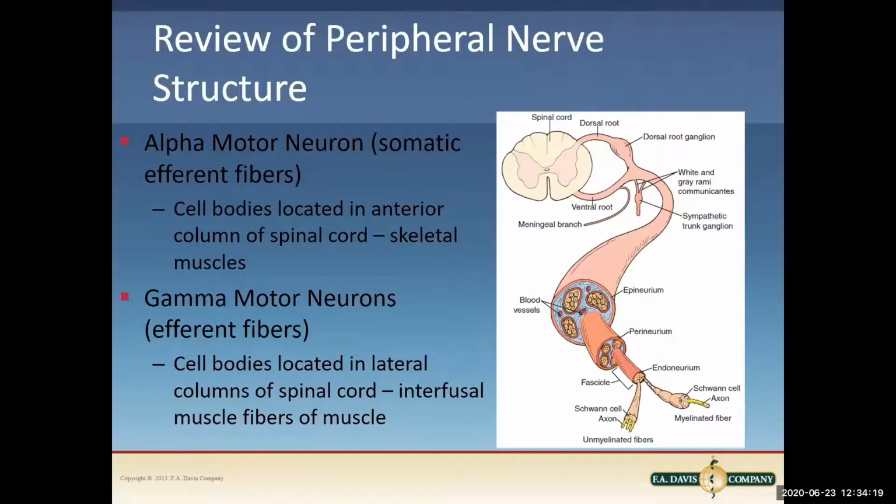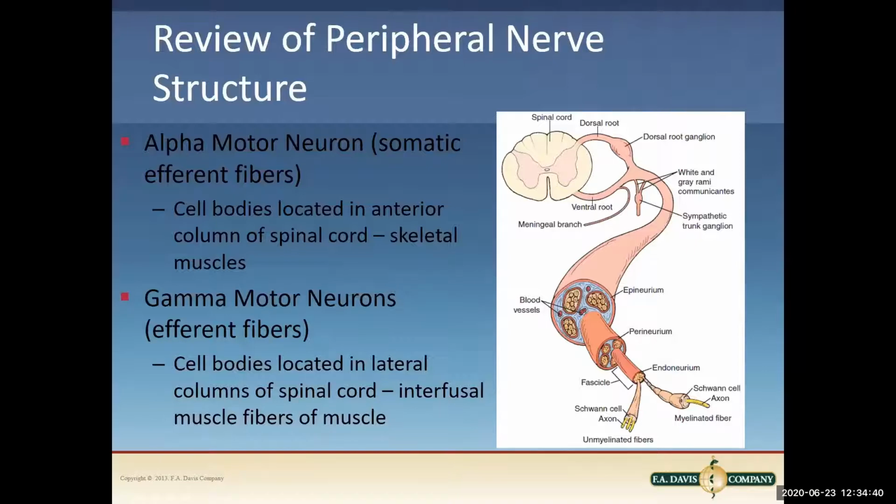Whereas afferent is going to cause a signal to go away from the area that we're going back to the brain. So when we're talking about motor neurons, primarily motor neurons, we're going to talk about the alpha and the gamma motor neurons, right? And the only thing that really changes is where the cell bodies are.